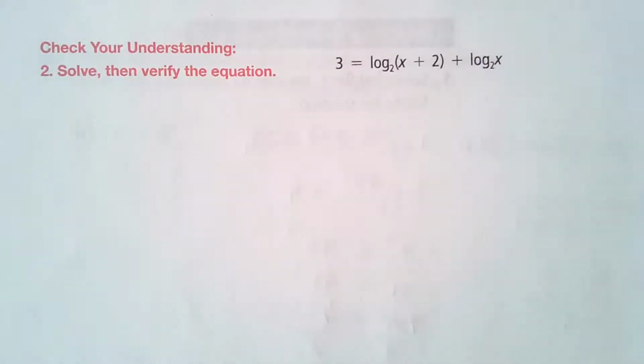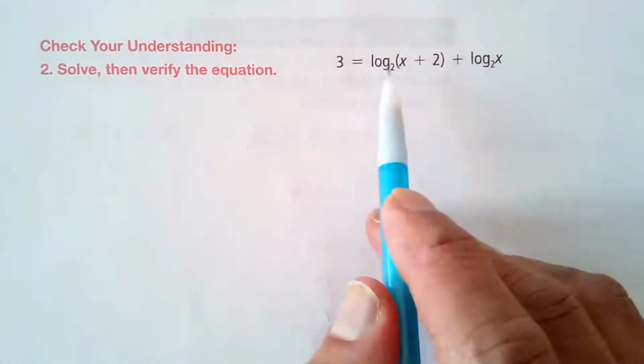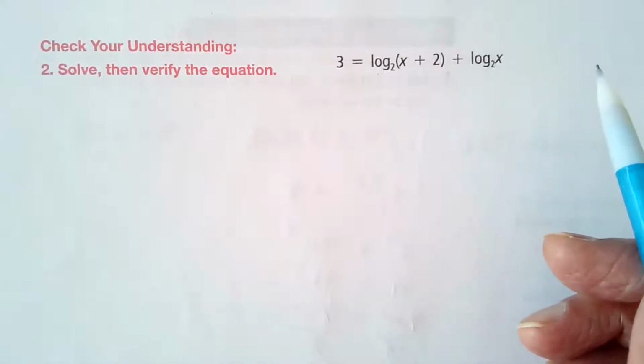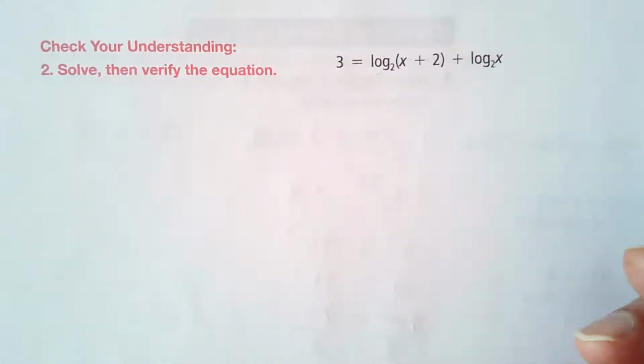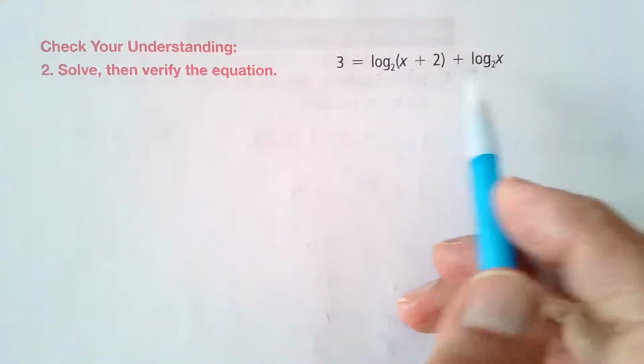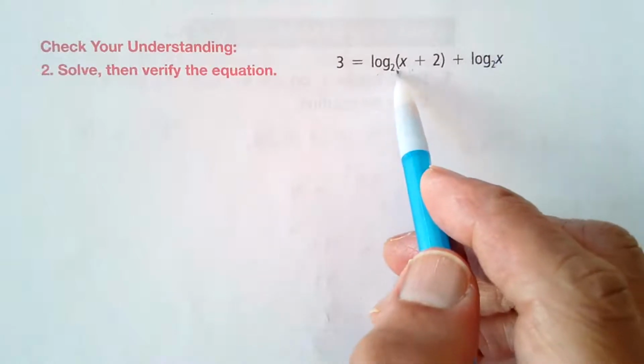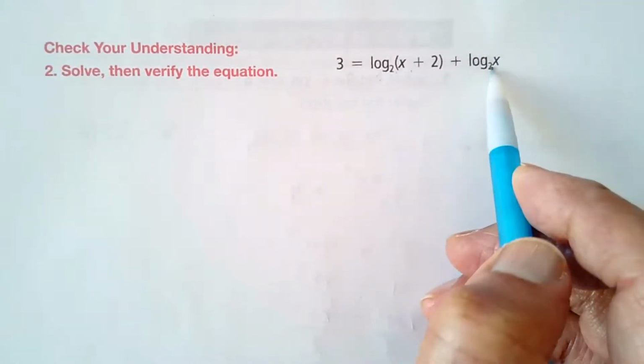So the first step you want to take is to find out where the values for x with each log is defined. So step one, consider the values of x for which each log is defined. So where x is defined for this log and x defined for this log here.